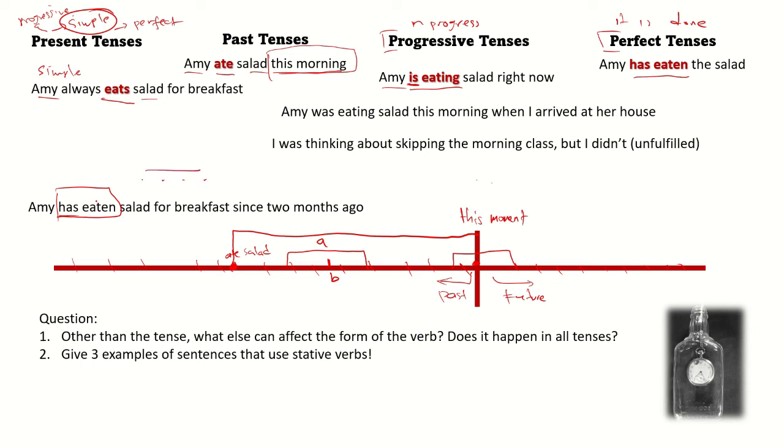It means that every day Amy eats salad. Since 2 months ago, it's March now, so we can say that Amy has eaten salad for breakfast since January, but up to this moment, Amy still eats the salad for breakfast. Do you get what I mean? I hope you do.